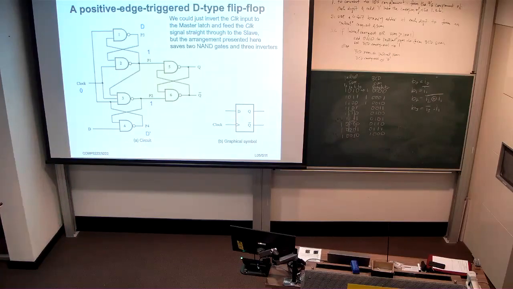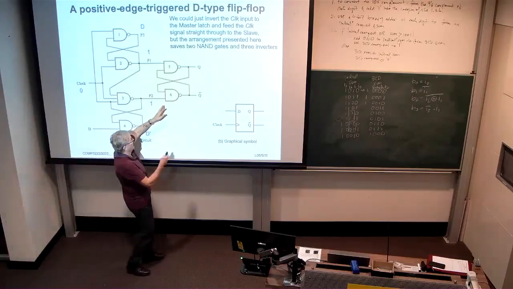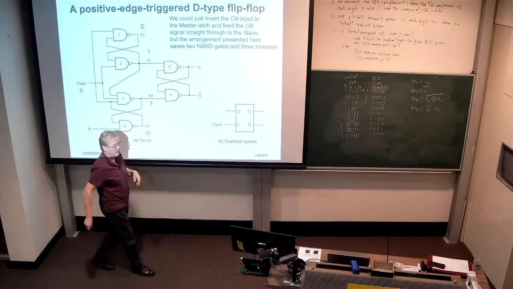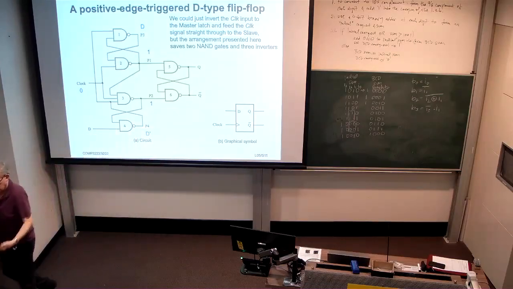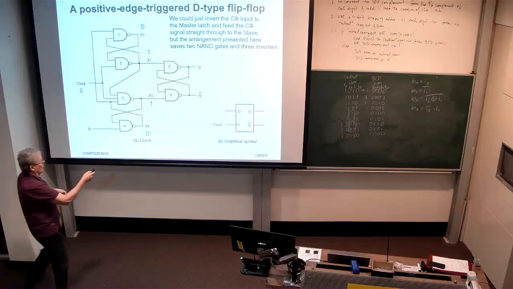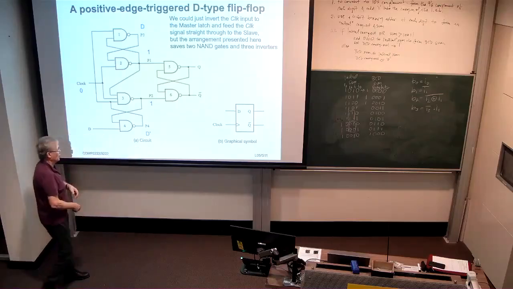Q is reinforced by the fact that you have Q bar coming into NAND gate 5 with the other input being 1. With one of the inputs being 1 on a NAND gate, the other input is inverted. So the Q bar becomes a Q, and we get this reinforcement occurring on this feedback loop at the back end.